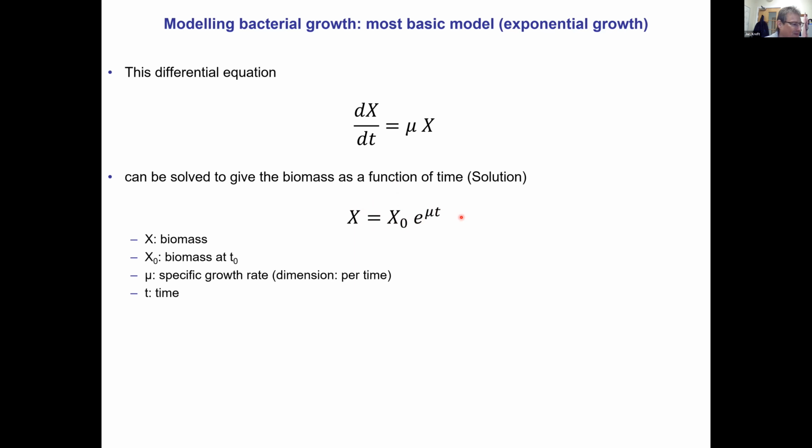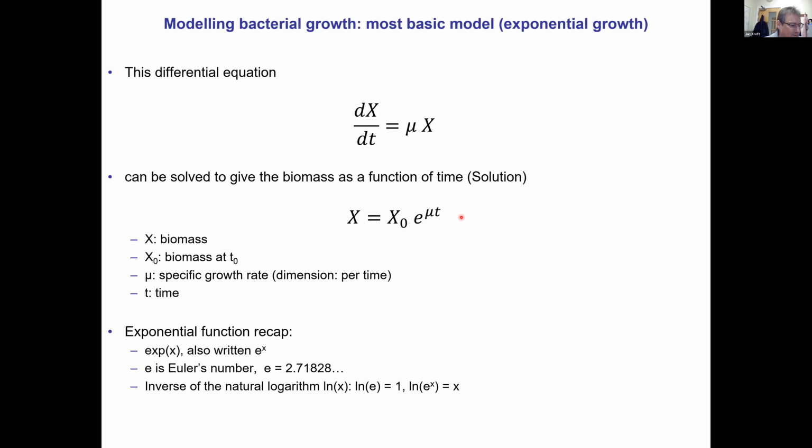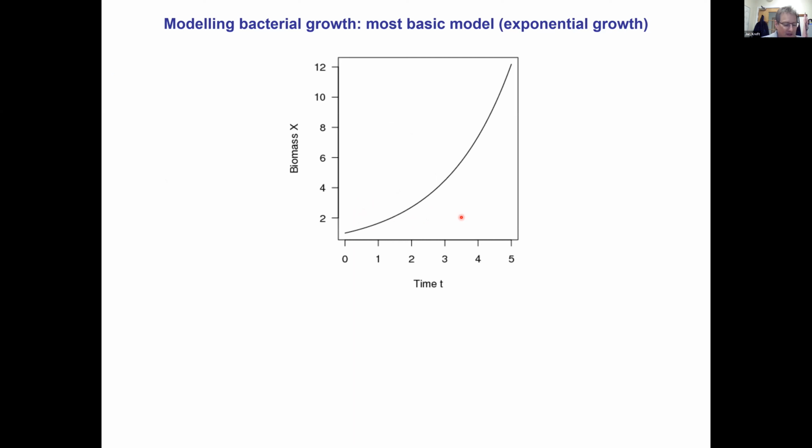And this is a plot of this exponential growth function, where biomass is plotted as a function of time. This is the solution of the differential equation, and the differential equation itself is the slope of this increase at a particular point in time.